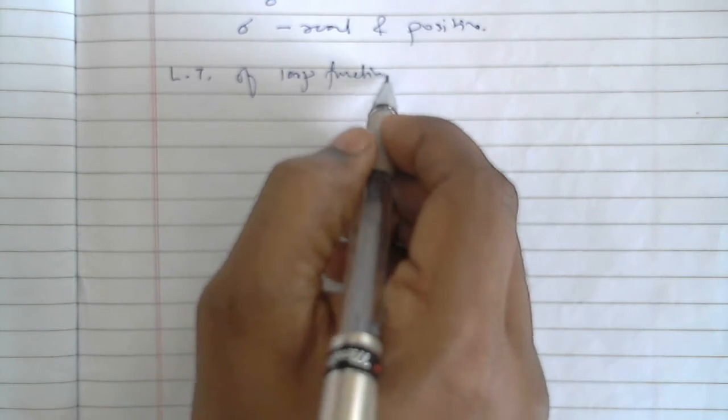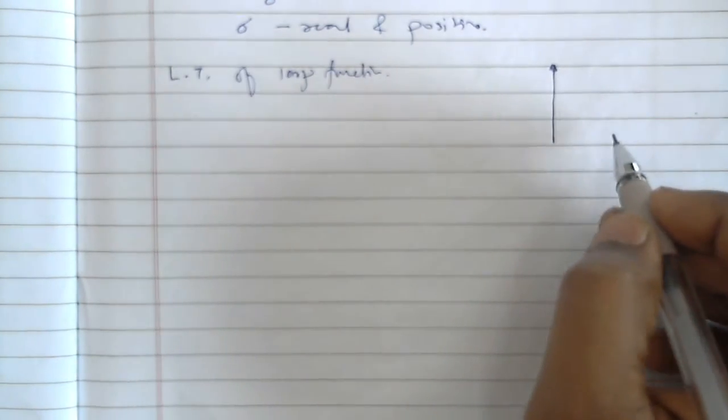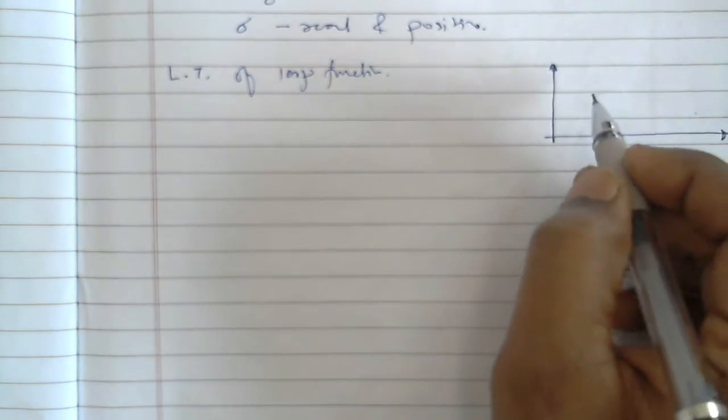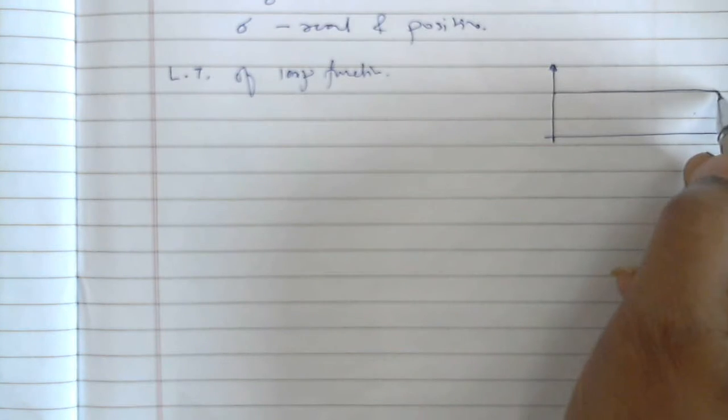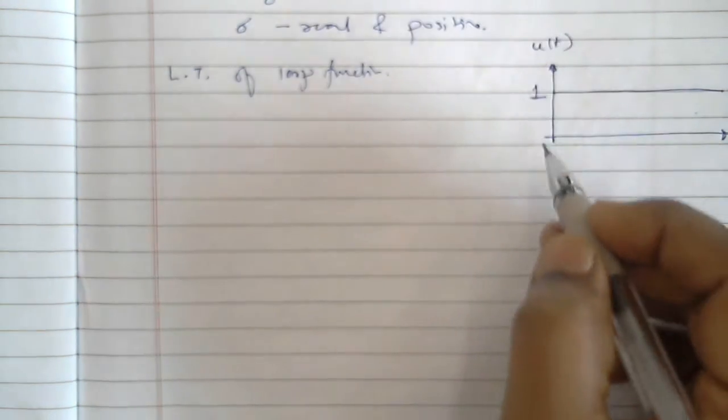Now we'll see the Laplace transform of some important functions. Okay, so first we will see the unit step function. This is a unit step function which has value 1, this is u of t.